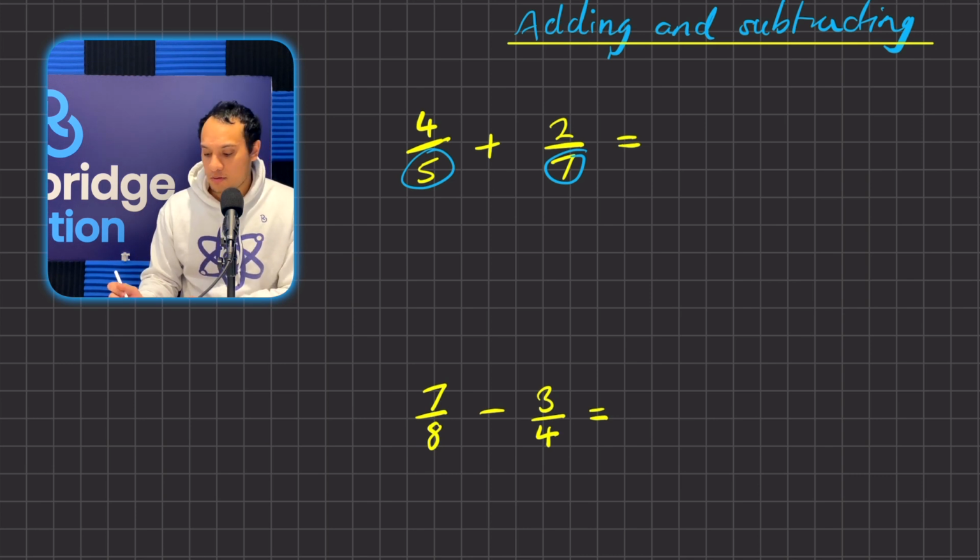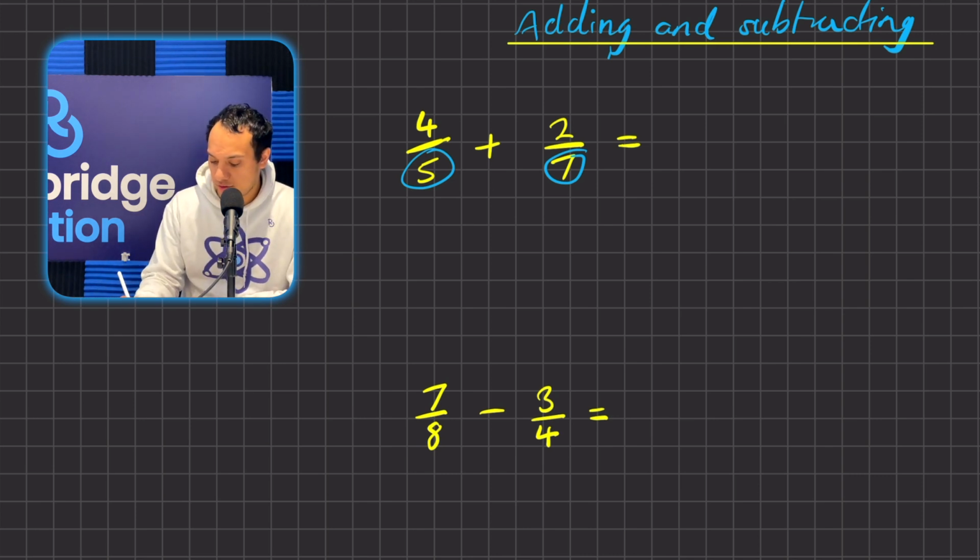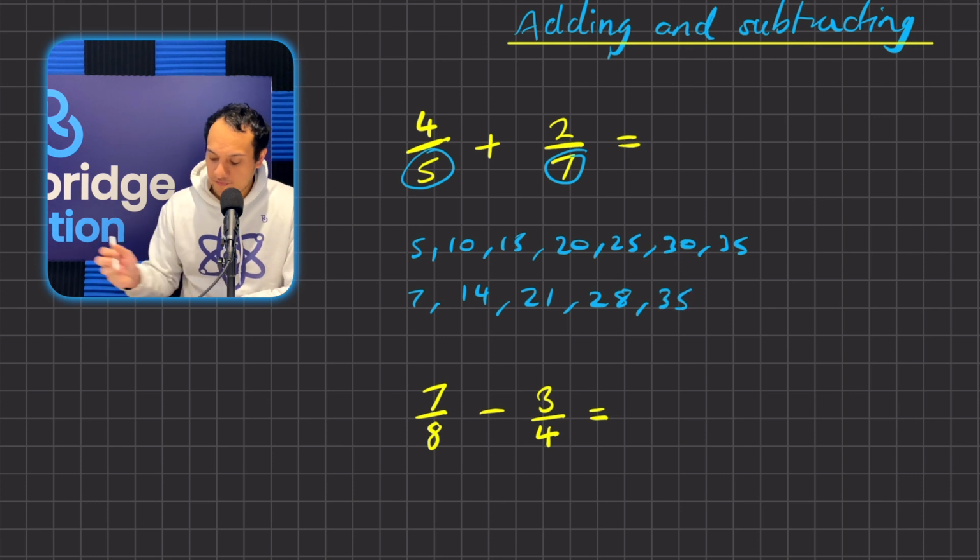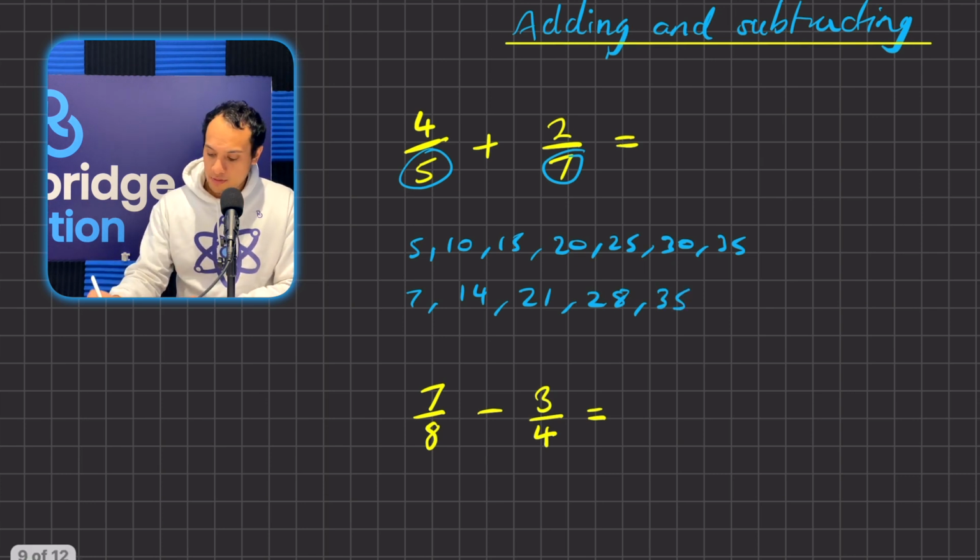Now, if I were to write our multiples of 5, we've got 5, 10, 15, 20, 25, 30, 35. And then our multiples of 7: 7, 14, 21, 28, and 35. We see the first place where they both meet is 35.